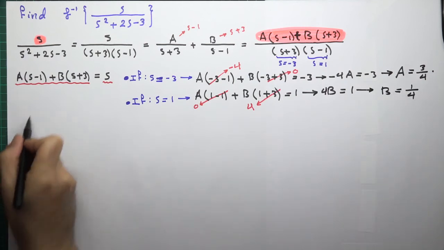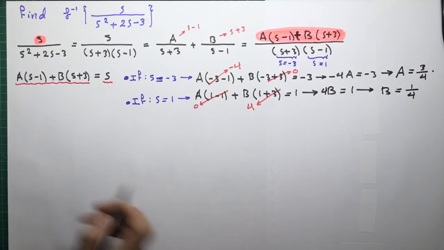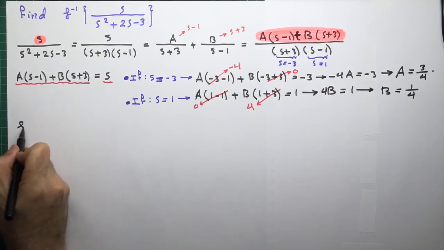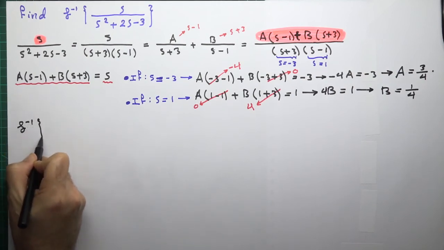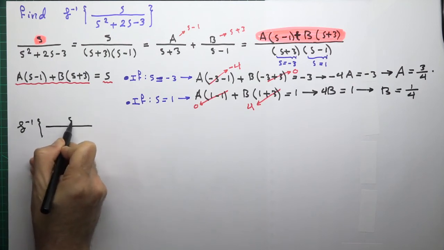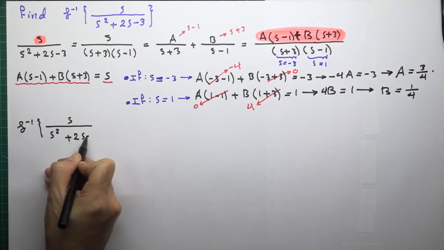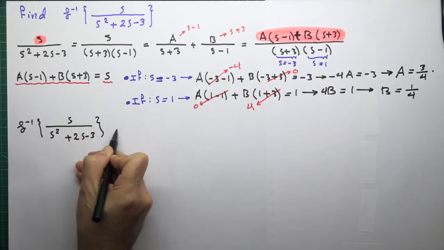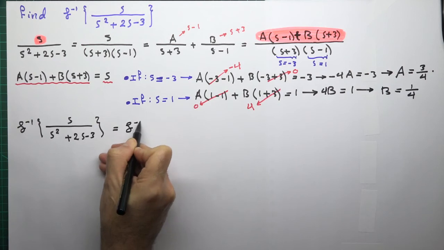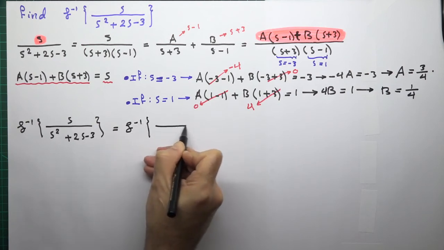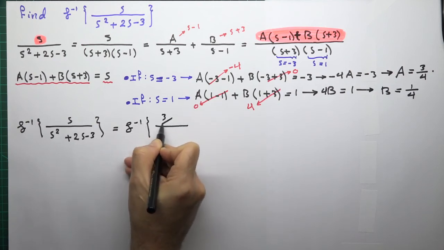Now we can rewrite this inverse Laplace transform to be inverse Laplace transform of S over S squared plus 2S minus 3 equals inverse Laplace transform of A equals 3 over 4.